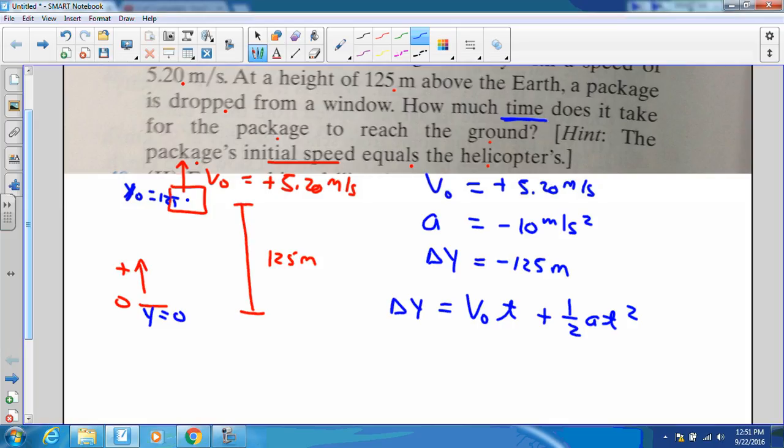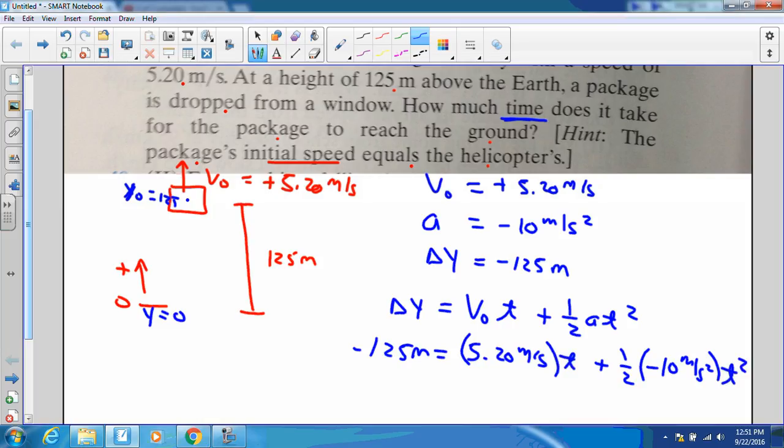Now, substituting all of the numbers in, we get negative 125 meters is equal to 5.20 meters per second t, plus 1/2 of negative 10 meters per second squared.